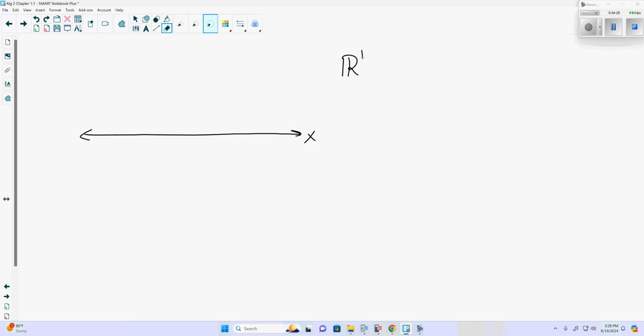Now, the XY coordinate plane. Everything on the number line is contained in the graph, yes? So we can say R1 is a subset of R2, because R2 is the two-dimensional or XY coordinate plane. Are we good with this so far?